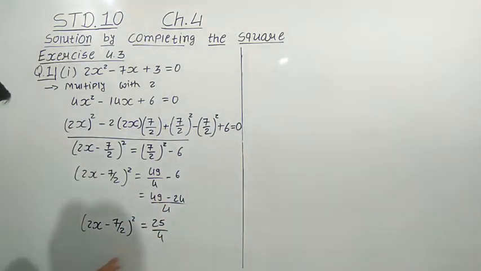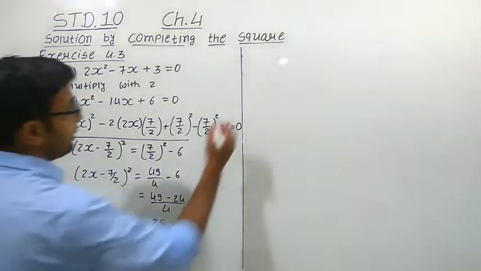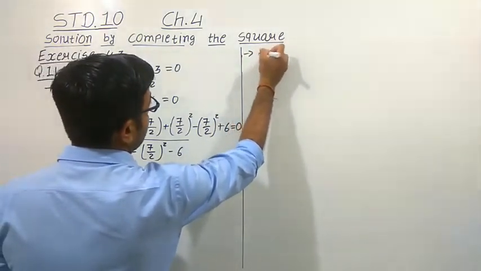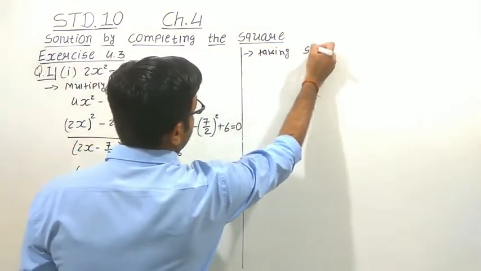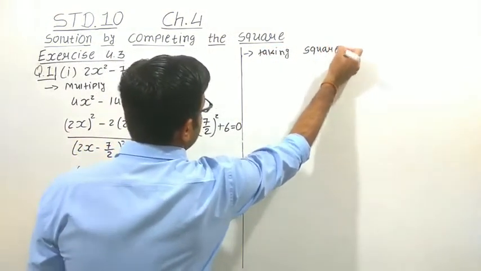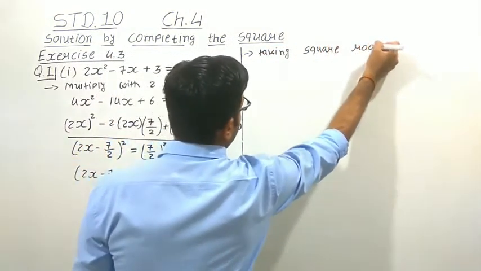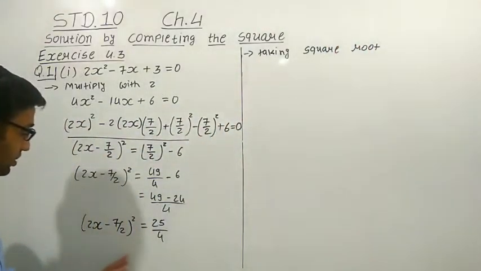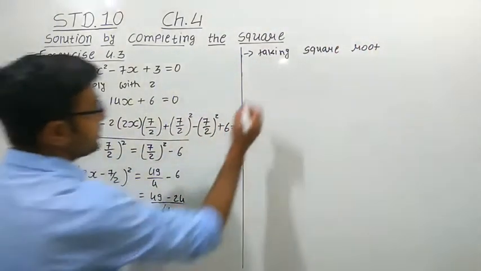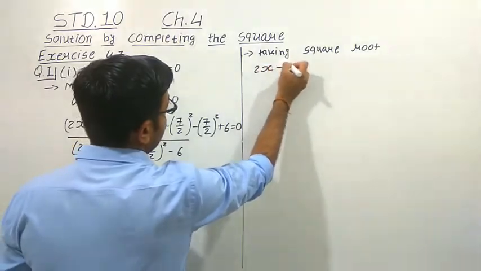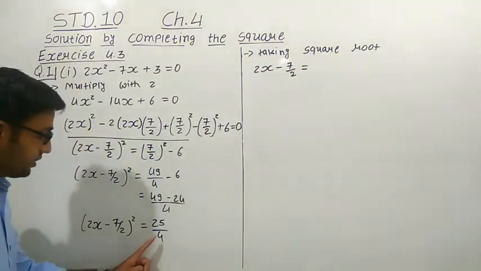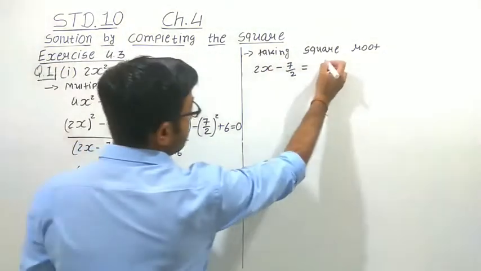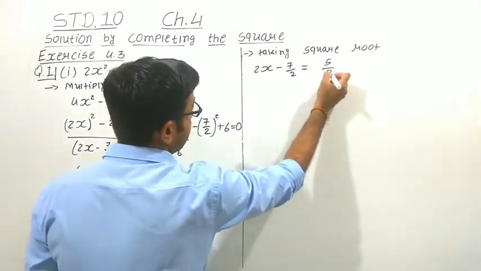Now we have to take the square root on both sides. Here there is a square, so this simply becomes 2x minus 7 upon 2. And on the right hand side, what are we getting? The square root of 25 is 5, and the square root of 4 is 2.